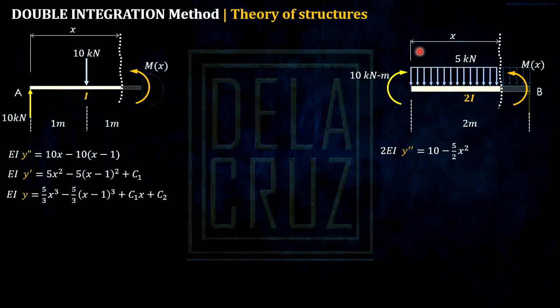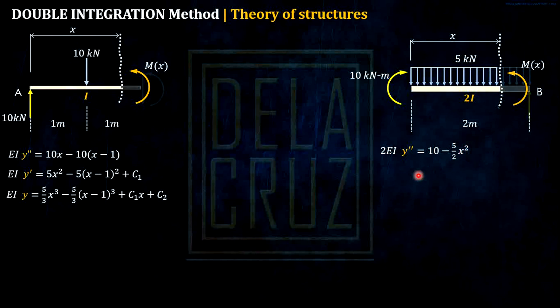Initially, we have a moment here of 10, minus, the bending is downward here, minus 5 times x times 1/2 of x, or simply 5/2 x squared. I hope you can follow that. That will be 10 minus 5 times the distance x, times the moment arm 1/2 of x, that will be 5/2 x squared.